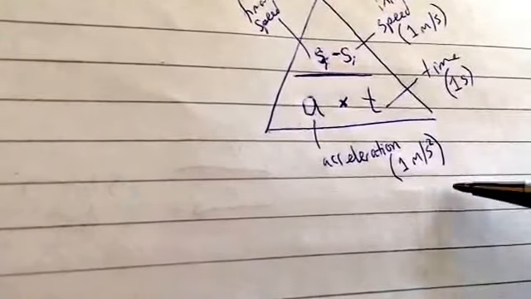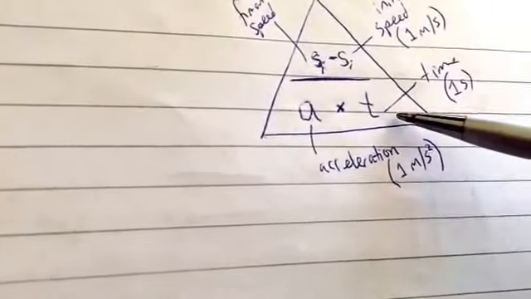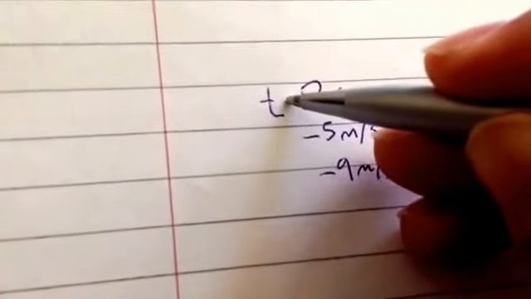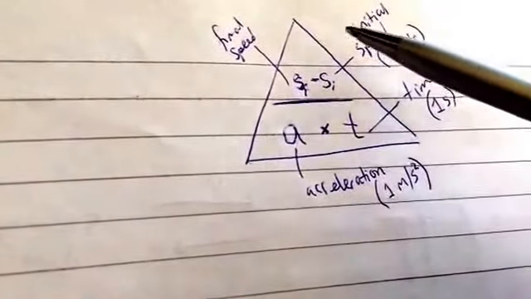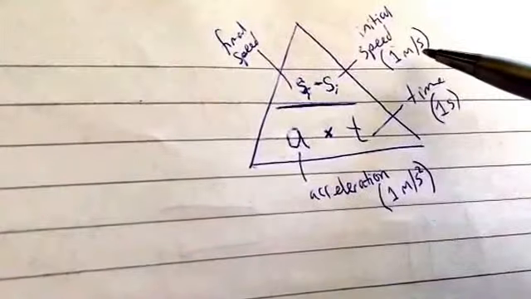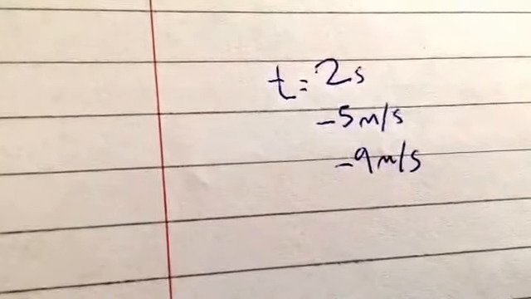Seconds refer to time. So we can put here the first one, 2 seconds, is to do with time. Meter per second is not acceleration, that's meters per second squared. It's to do with speed. So meter per second. So we can put here the symbol S. If you use the symbol V for velocity, that's also fine.